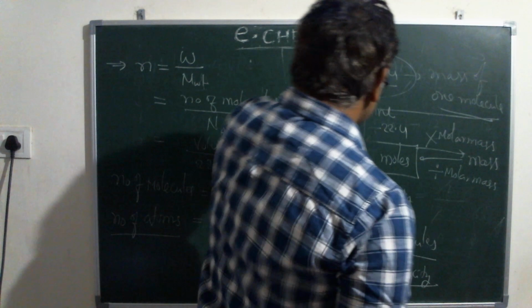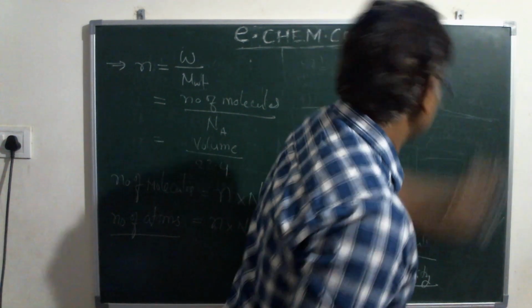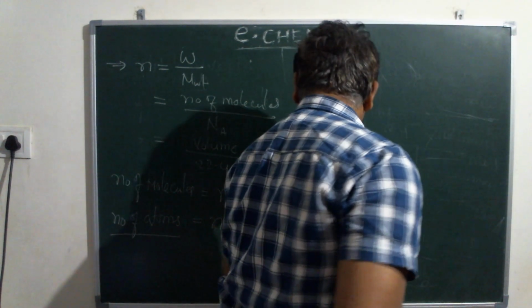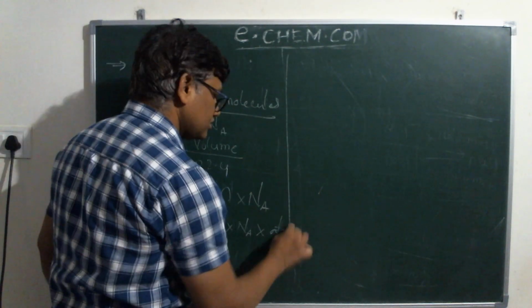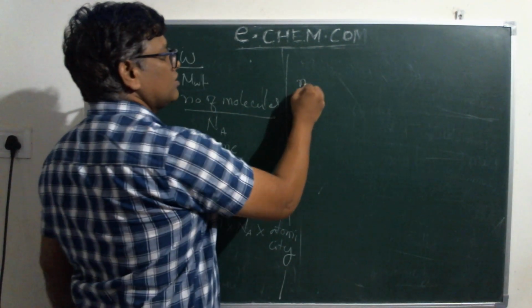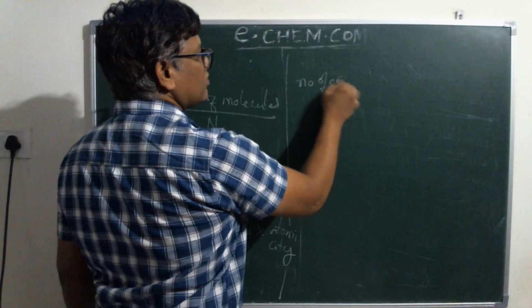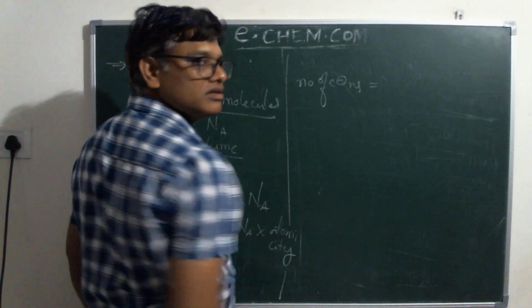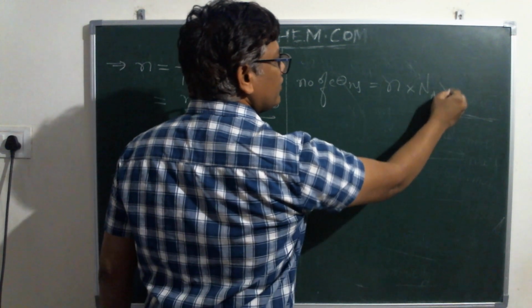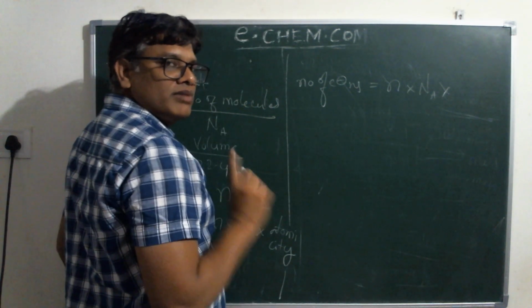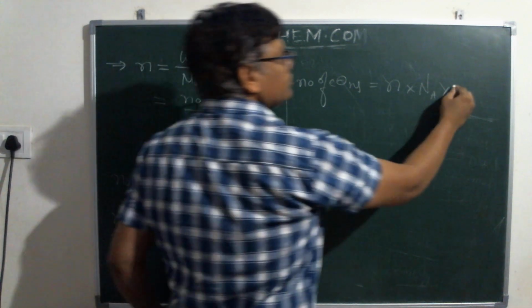Suppose you want to calculate the number of electrons, the total number of electrons in the given composition is equal to number of moles into Avogadro number into number of electrons per molecule.